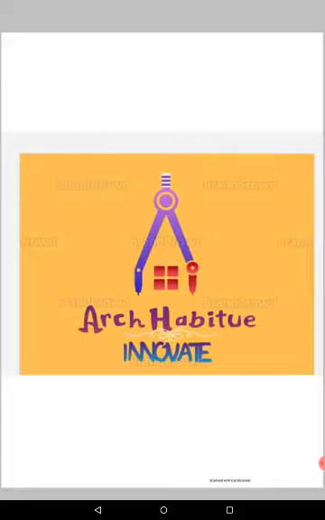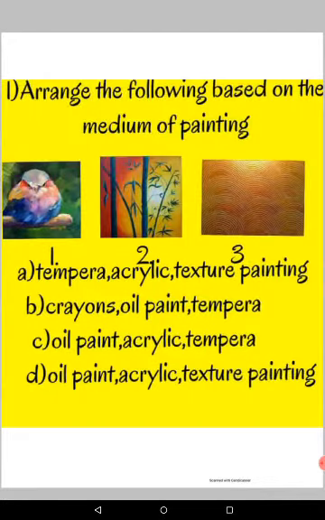So in today's video, we are going to discuss some model questions and also how to crack them. So, first question is, arrange the following based on the medium of painting. I have already included a question like this in one of my previous videos asking you the medium of painting.